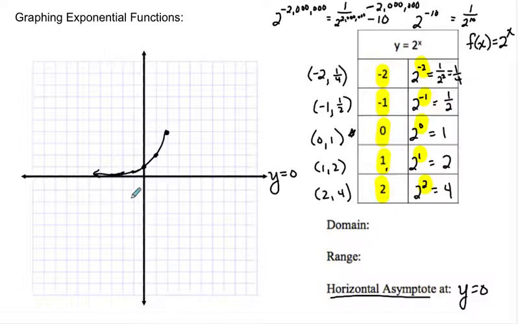I can't include any of these y values in my graph. So the range for this has a lower boundary, right? It's bounded by 0. It can't actually be 0, so I'm not going to use an inclusive bracket. But it's bounded by 0 on the bottom.